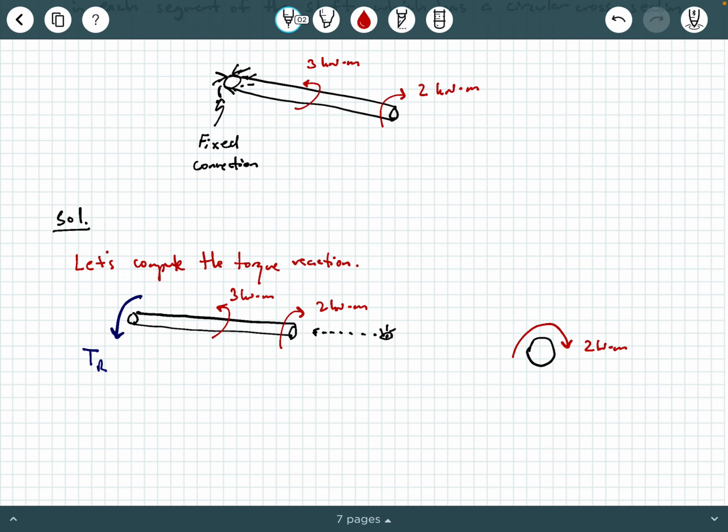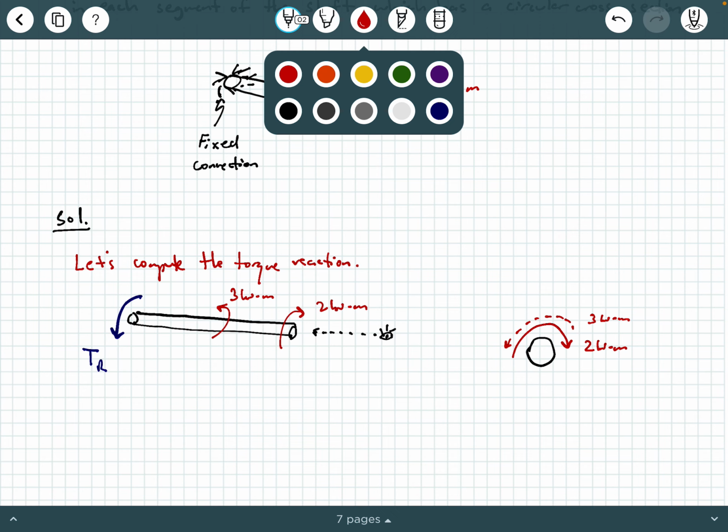Behind that, we see the 3 kilonewton meters, going counterclockwise based on what we see here. I'm drawing this dashed to represent a hidden figure. In graphics, we know dashed figures are hidden; they are behind or underneath something.